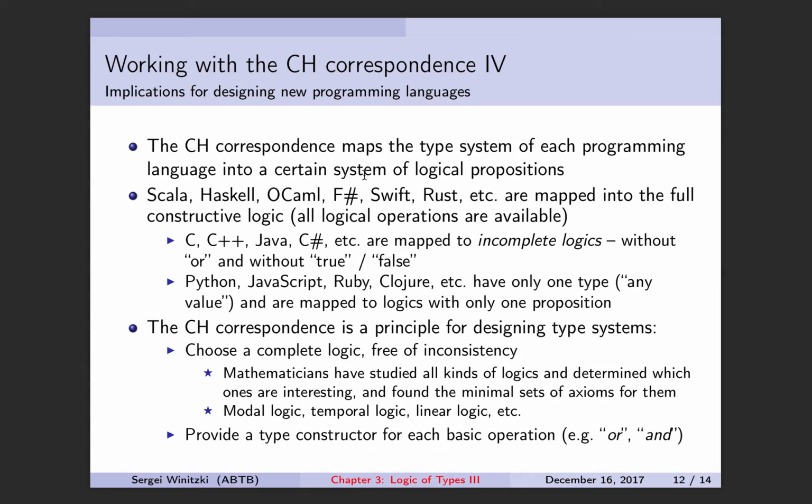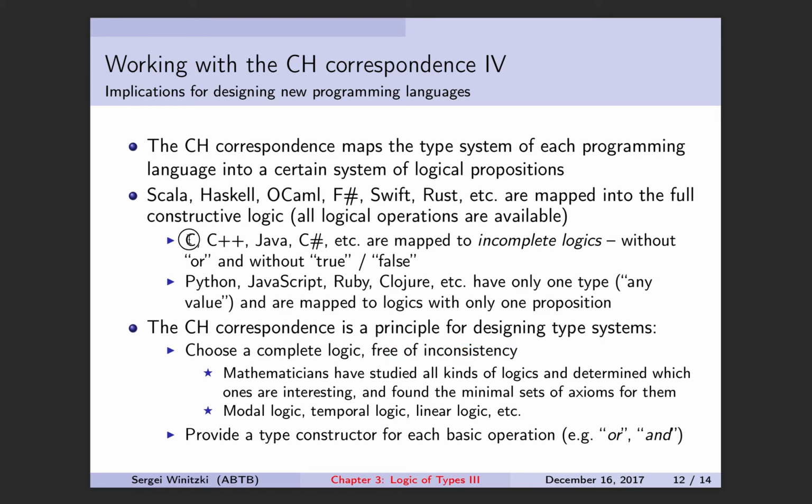Finally, I comment about the significance of the Curry-Howard correspondence for programming language design. I show that if a programming language follows the Curry-Howard correspondence, then it is more powerful, and mathematically it means that its logic of types is complete and it's free of inconsistency.